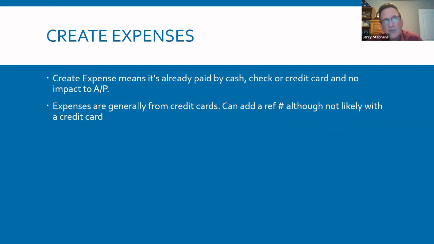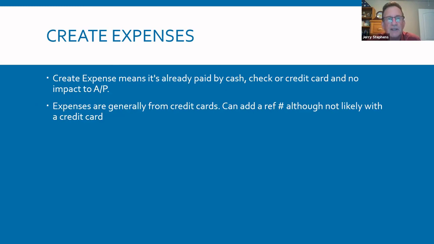QuickBooks treats expenses and bills differently. An expense in the QuickBooks world is something that's already been paid. It could be something you've already paid for with cash, maybe you paid for it with a check, or probably most often a credit card. So this is something that won't have an impact on accounts payable.